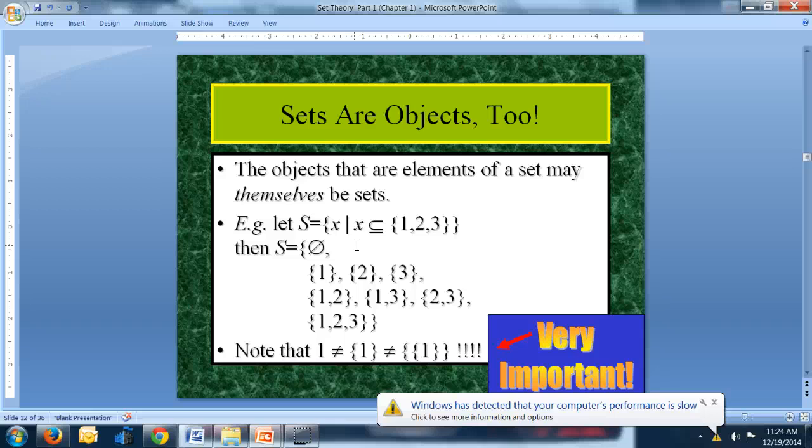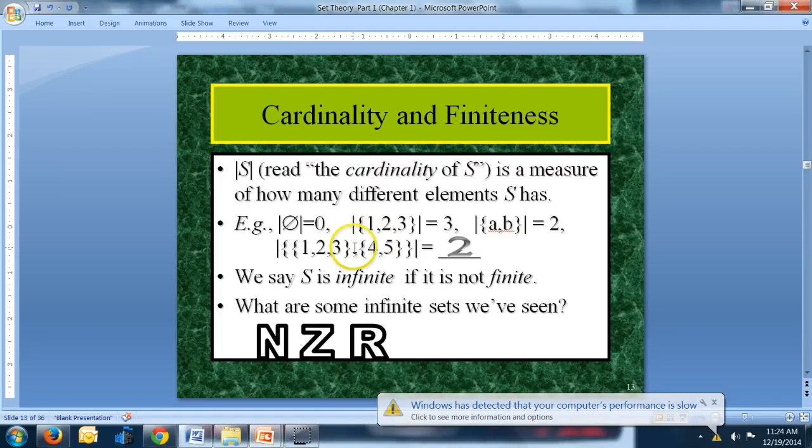So the number of possible subsets, always including the set itself, 1, 2, and 3, the empty set, and the other subsets that have the individual elements or pairs, and so on, will always be equal to 2 to the power of the number of elements in the original set.